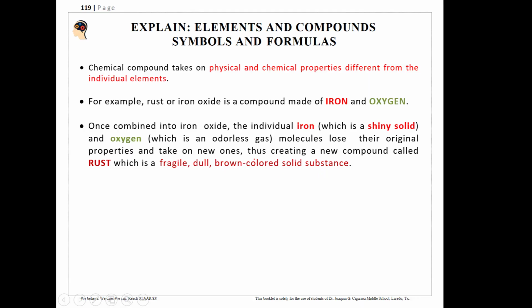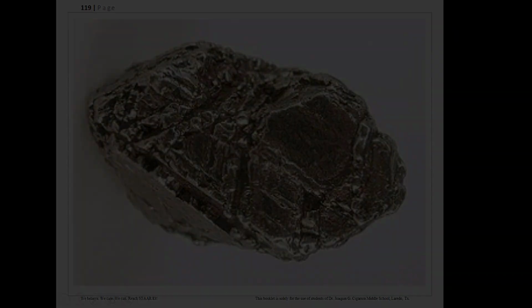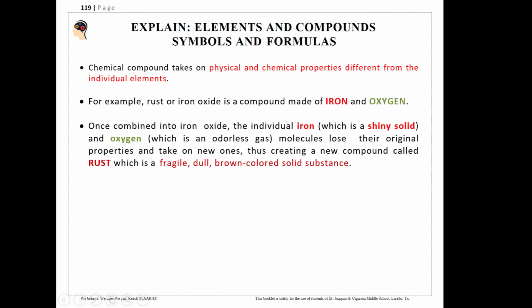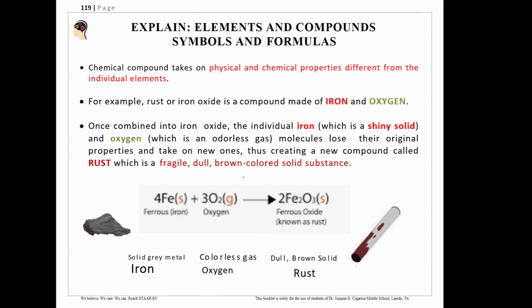Once iron and oxygen are combined into iron oxide, the individual iron, which is a shiny solid, and oxygen, which is an odorless gas, lose their original properties and take on new ones, thus creating a new compound called rust, which is a fragile, dull, brown-colored solid substance.